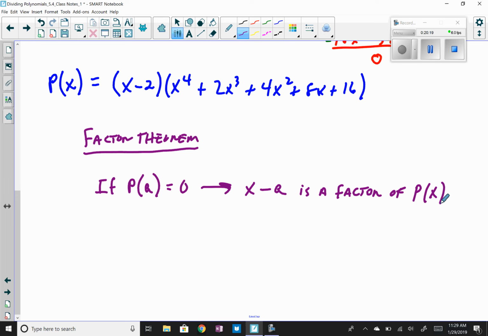Okay, so factor theorem: if P of A is equal to 0, then x minus A is a factor of P of x. Let's take a look at that theorem in terms of this problem.